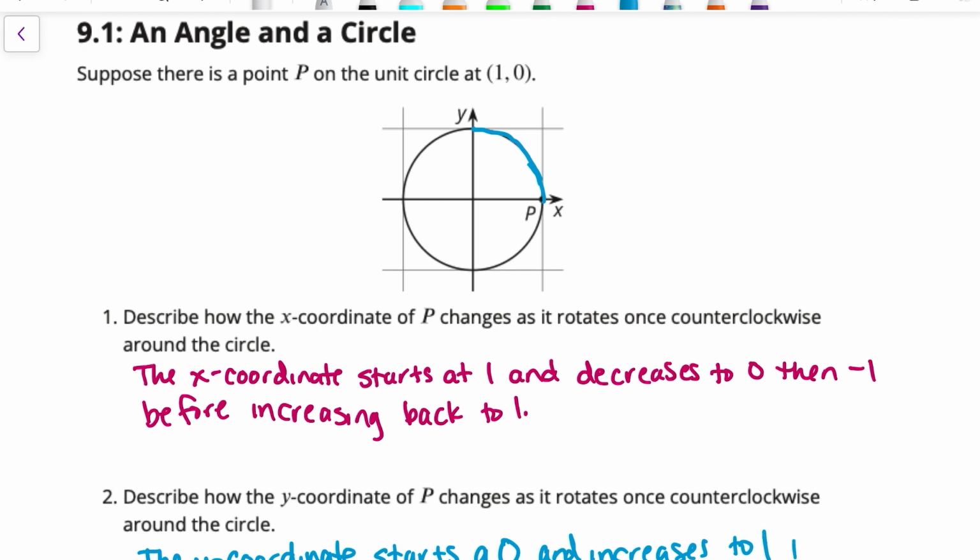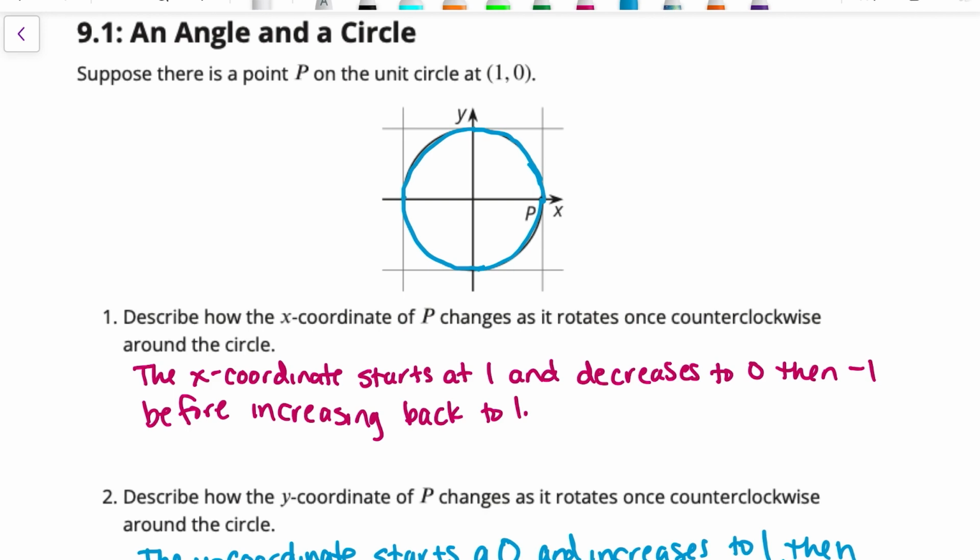And then decreases to 0, then to -1 because it comes down to here, before increasing back to 0. So it comes back up to 0.